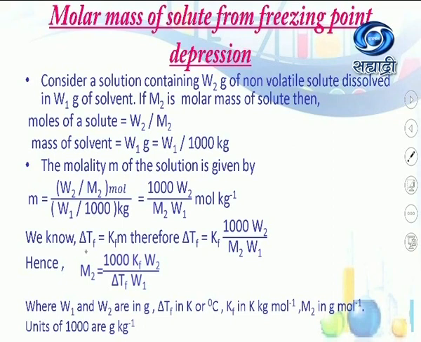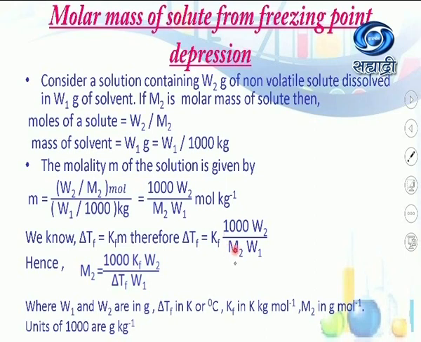Now we know that delta Tf is equal to Kf into m. Therefore delta Tf is equal to Kf into m. What is m? This is our m. So 1000 W2 upon M2 W1. Let us rearrange this expression. Let us write the expression in terms of M2.